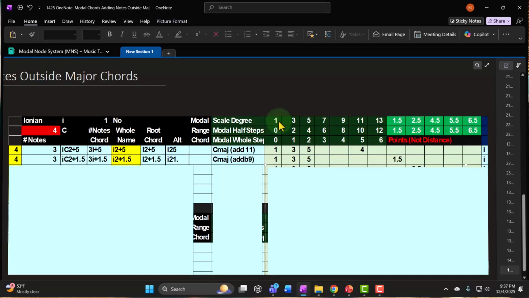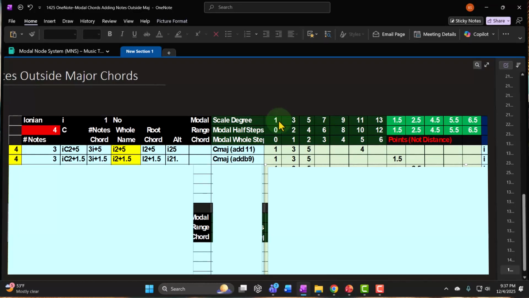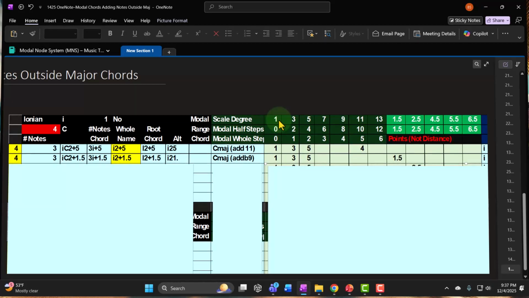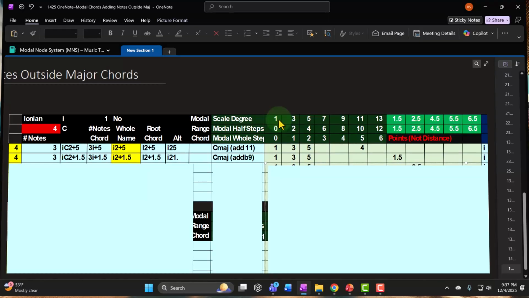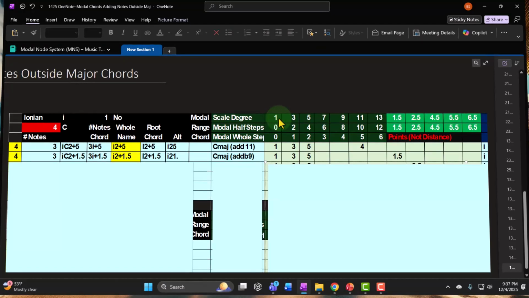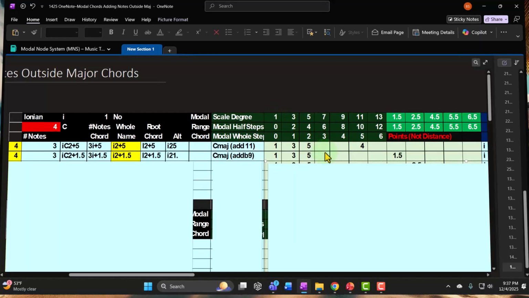But the problem with the scale degree is that if I was moving from a major chord and then I moved to the 4 chord or something, a Lydian, I would have to renumber the system even though I haven't changed the collection of notes. So I'm altering the collection of notes in my mind, the numbering system and whatnot, even though really I'm in the same collection of notes. That's going to mess up your visualization of whatever instrument, particularly a guitar, if that's what you're working on, to be able to visualize it.